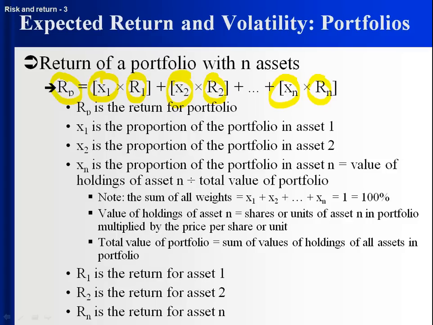Each weight is the value of the holdings of a particular asset, which is the price per unit times the number of units owned, divided by the total value of the portfolio. So what's the value of asset 1, asset 2, asset 3, asset 4, all the way out? For all the assets, add them up, that's the value of the portfolio. And how much of that is attributable to asset 1, asset 2, asset 3, that is your weight. So you're simply taking a weighted average.